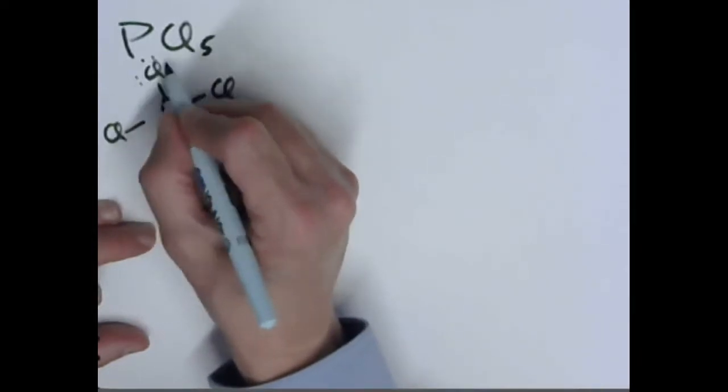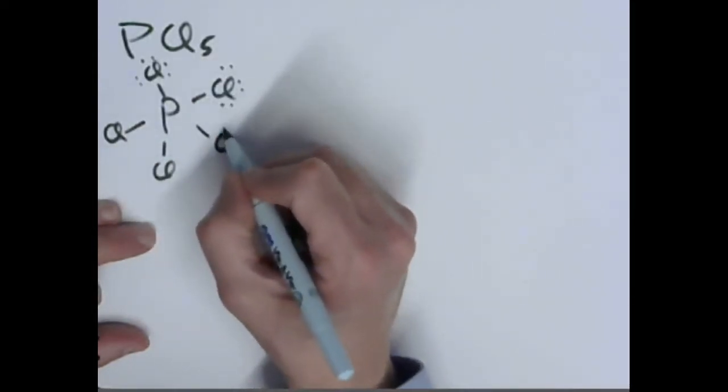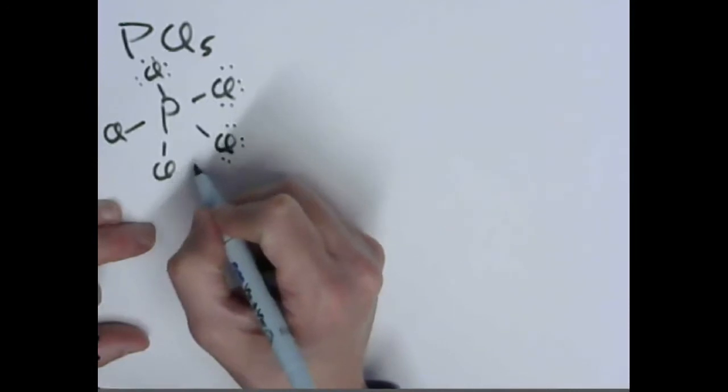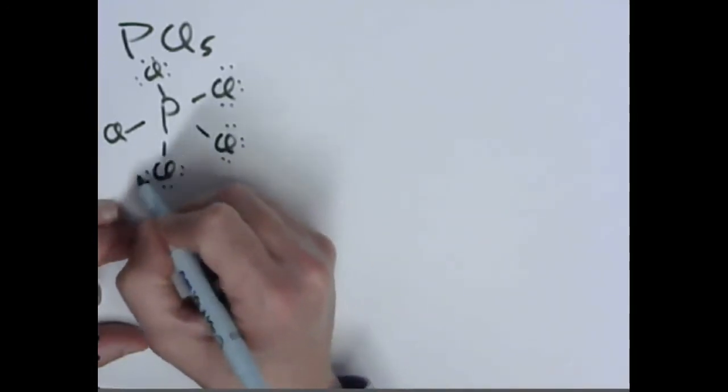And if we were to look at its Lewis structure, it would look something like this. Phosphorus does not obey the octet rule, it's actually an exception to the octet rule. There are 10 electrons around that central phosphorus. And when we're doing all these, we're focusing in on that central atom and how the electron domains are arranged around it.